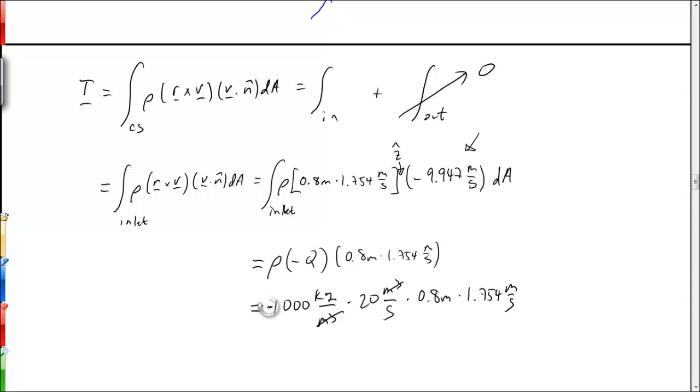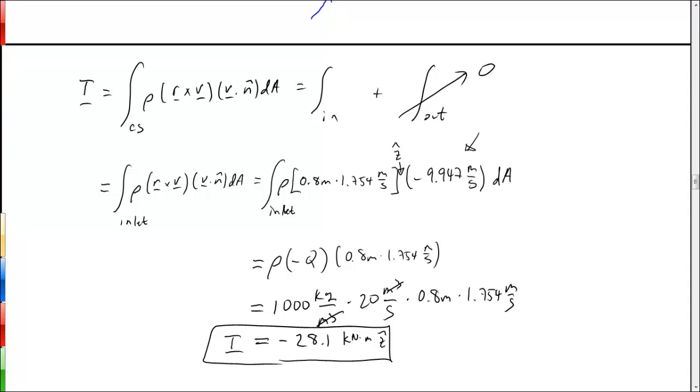We got a minus out in front of this. And then when we do all the math, we end up with minus 28.1 kilonewtons. Sorry, not kilonewtons per meter, but this is torque, so it's kilonewton meters. And I'm going to leave the z hat in there.